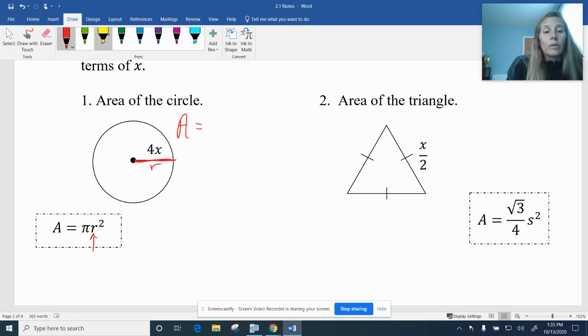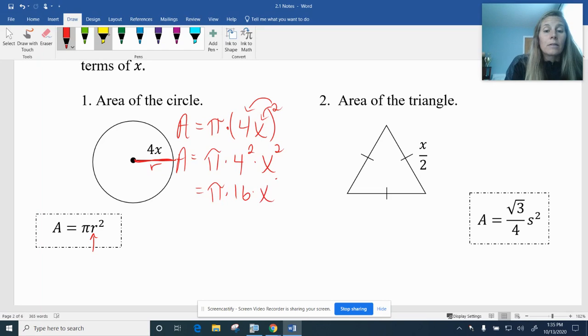So A will equal pi times 4x is my radius, and that's going to be squared. So just using the properties we went over, this little 2 has to be applied to both the 4 and the x. Now, of course, I can work out my 4 and make it a 16.